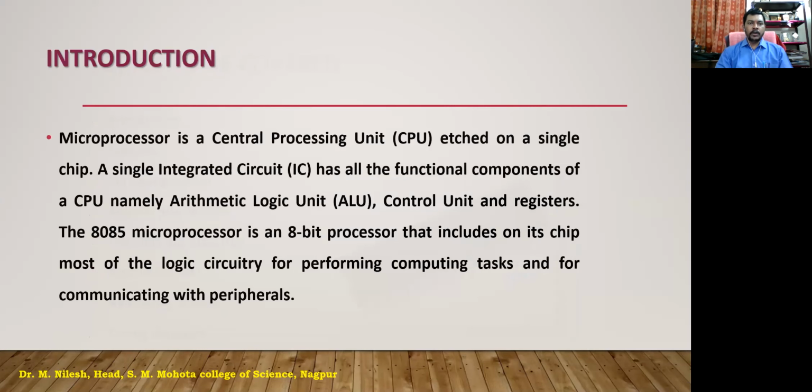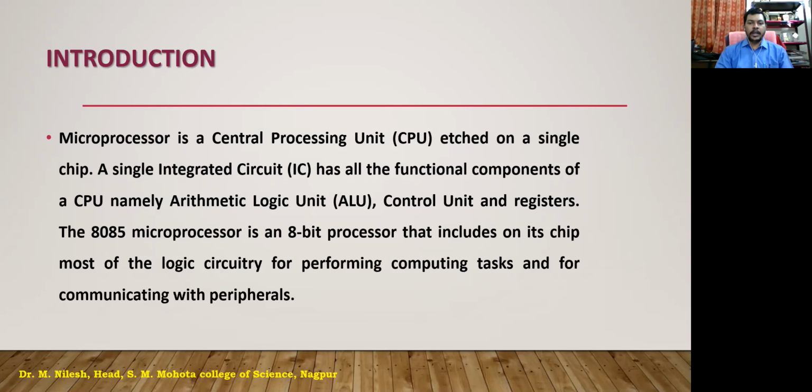So we have learned about the microprocessor. The introduction itself shows that the microprocessor is a central processing unit on a single chip. A single integrated IC has all the functional components of a CPU, namely the arithmetic logical unit, control unit, and registers. These are all inbuilt inside the 8085.